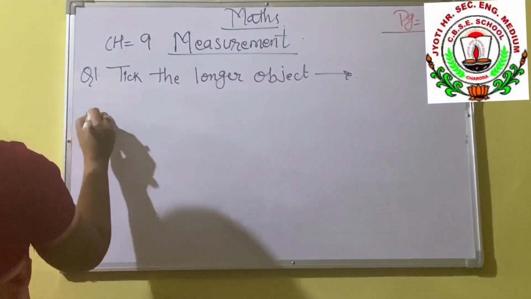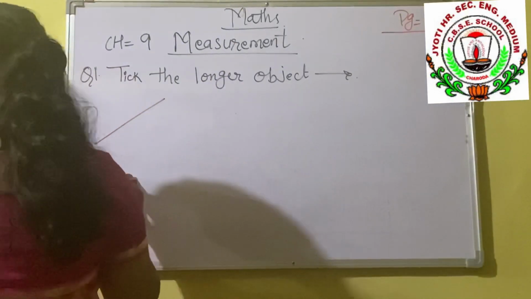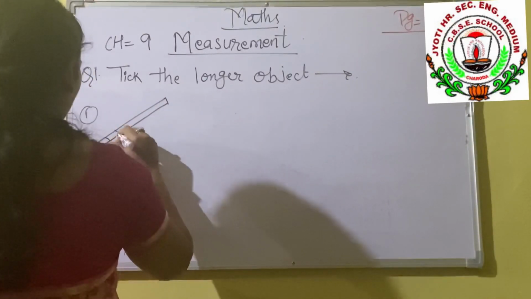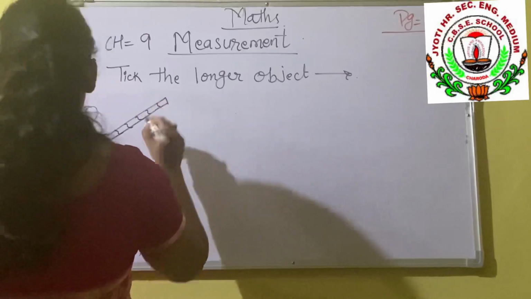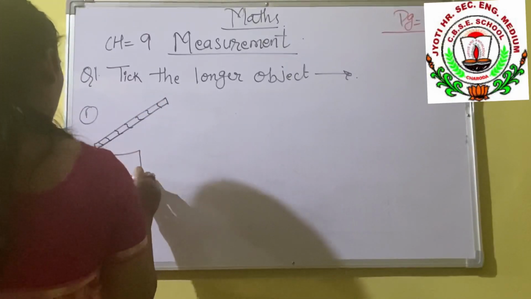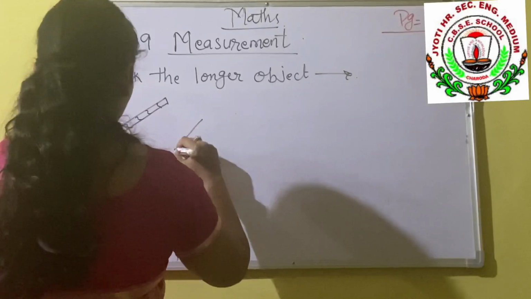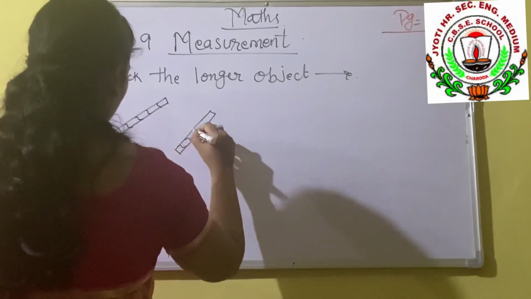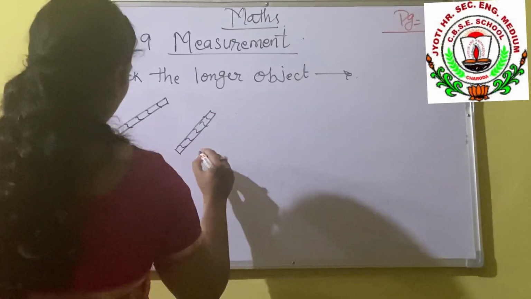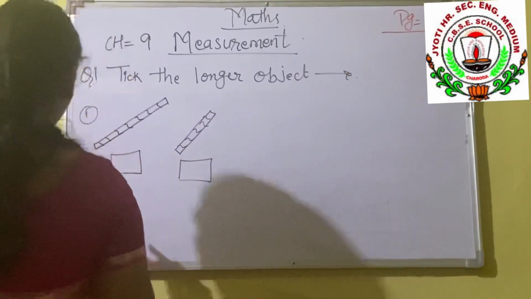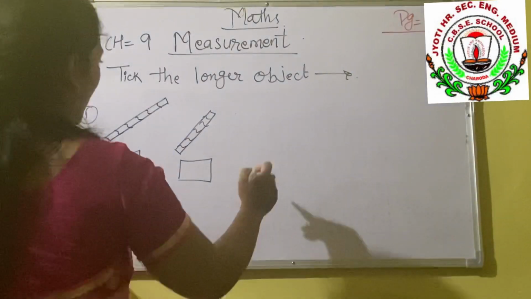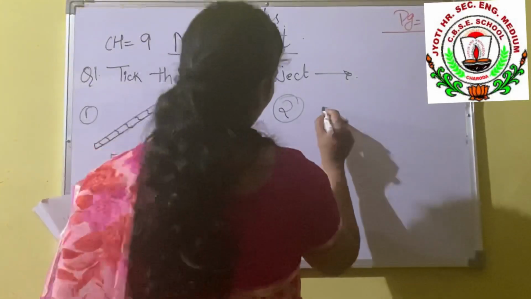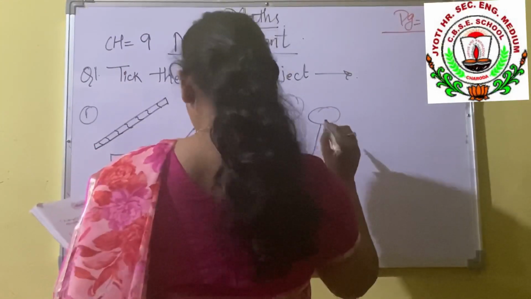First one is like this, a rod is given over there. I will take some few points only by which you can understand how you have to solve this question.